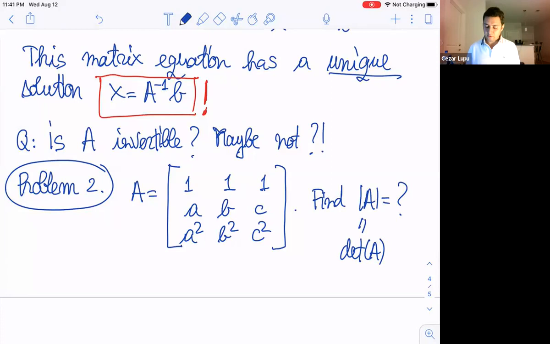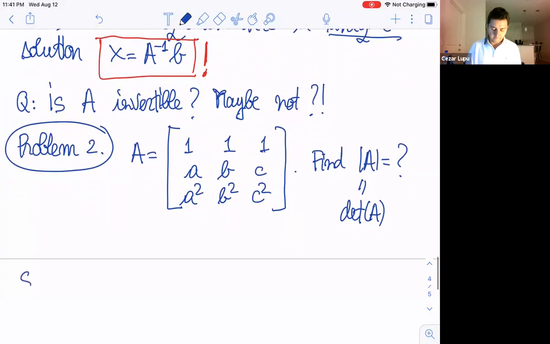Like I said, there are plenty of ways to do this. Let's see. Well, it's a 3 by 3. You can do it in at least 3 ways.